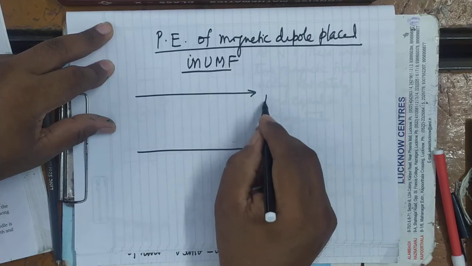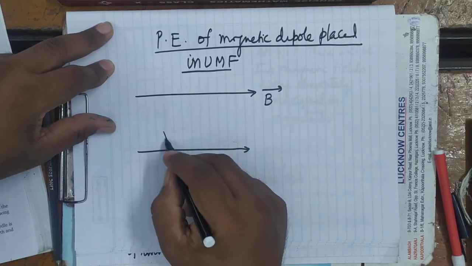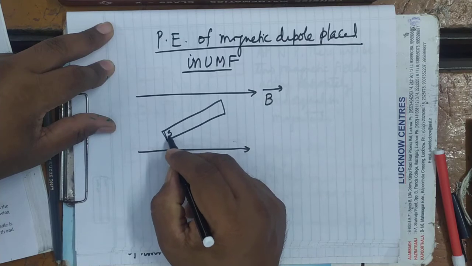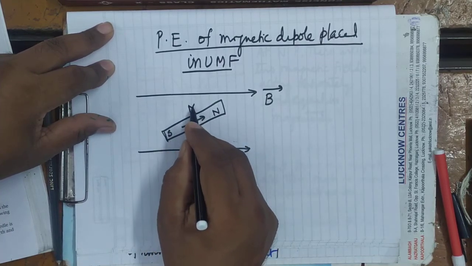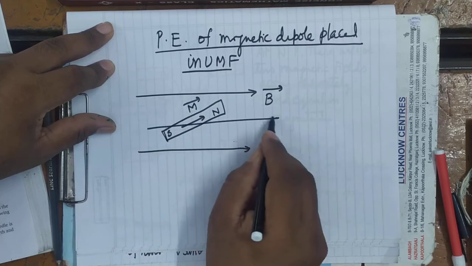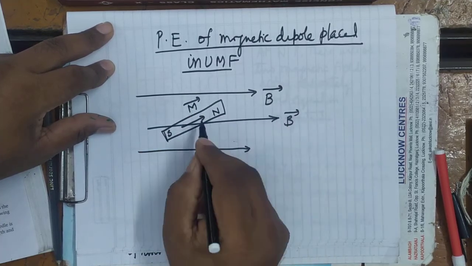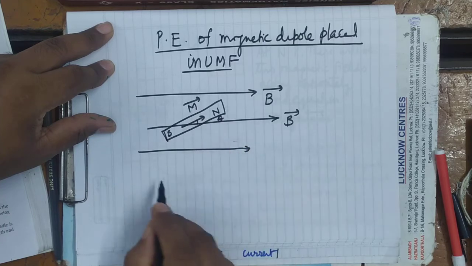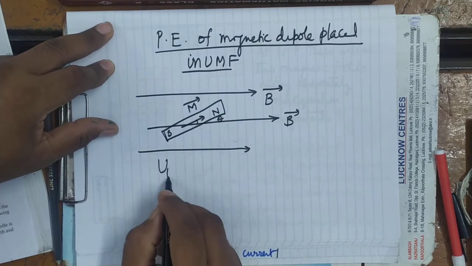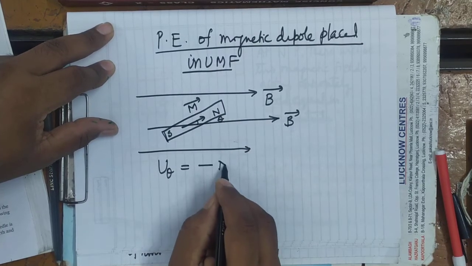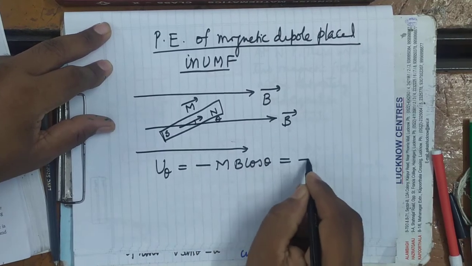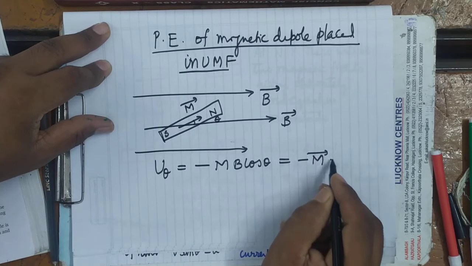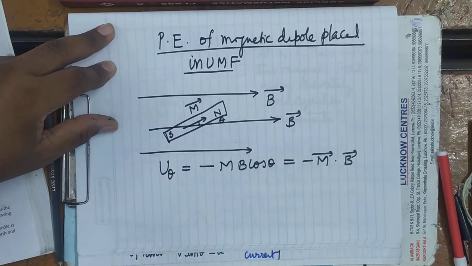This is the magnetic field region, and here a magnetic dipole is placed in such a way that the magnetic moment vector m makes an angle theta with the magnetic field vector B. So what will be the potential energy? U(theta) equals minus mB cos theta, that is equal to minus vector m dot vector B.